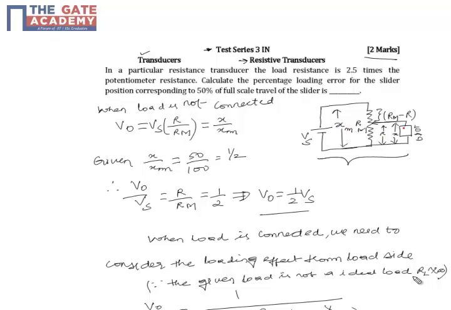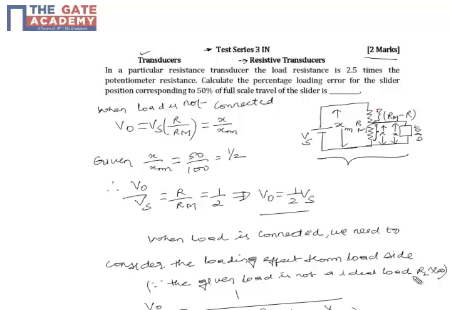And here is a load which is connected to the pot, where you can see the slider, the arrow here, which can move up and down for the pot. Let's say the displacement of the load is X meters, and the resistance is R, which is connected across it. So it can travel from 0 to the max position, which is Rm.